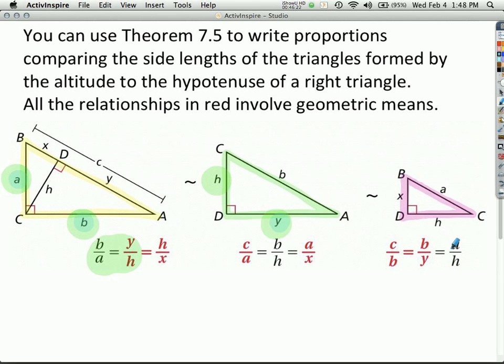In fact, there's even more, because we could take all of these and flip them upside down. We could trade the left and the right. There's a whole bunch of different ways this can be constructed. But the point is that the triangles are similar, and we can find a missing piece. Any questions about that?